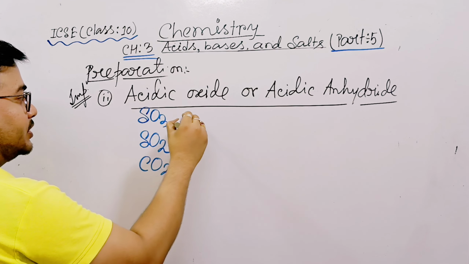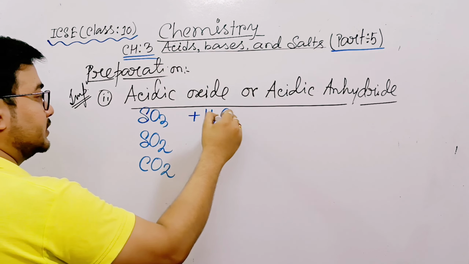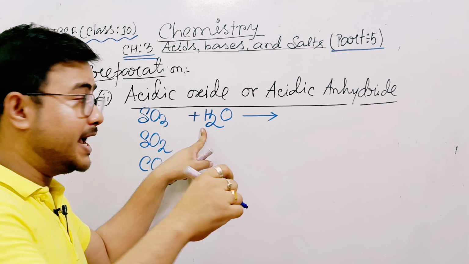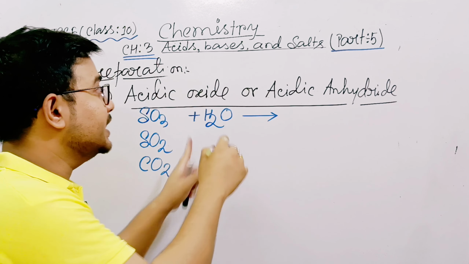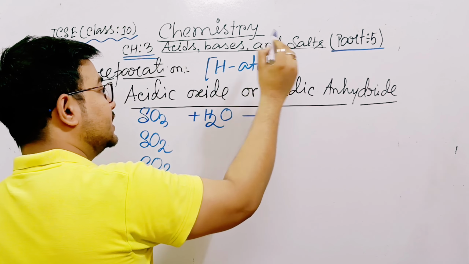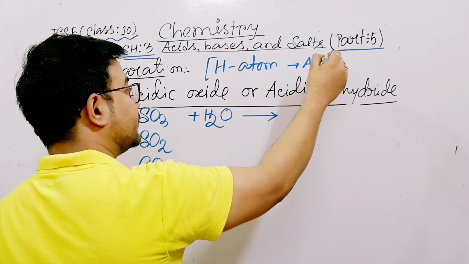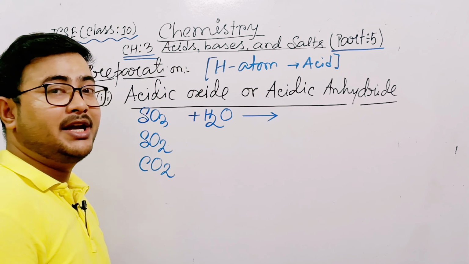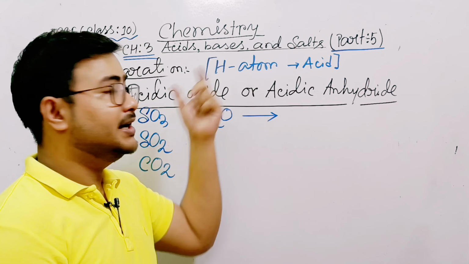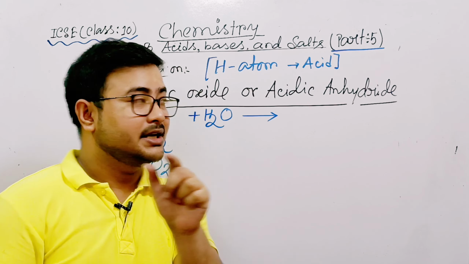Suppose sulfur trioxide reacts with water. Keep in your mind, in water we already have hydrogen. If any compound contains a hydrogen atom, generally it is called an acid. If you watch the previous video, then you can easily understand why here I use the term generally.